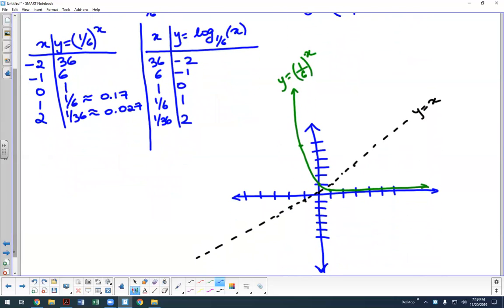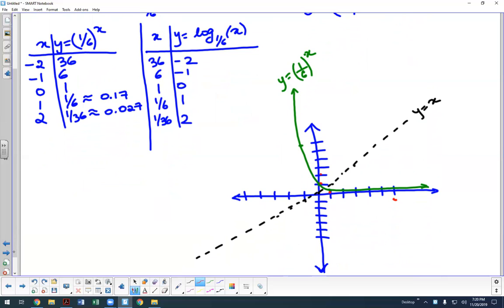Now this graph here for the logarithm is again at 1, 0, at 6, -1, at 36, -2, with 2 here. At 1/6, we are at +1.